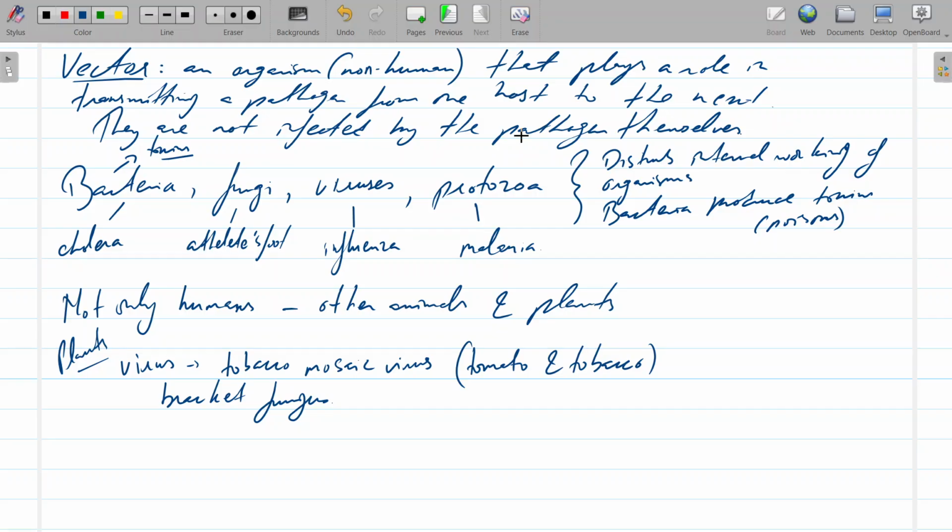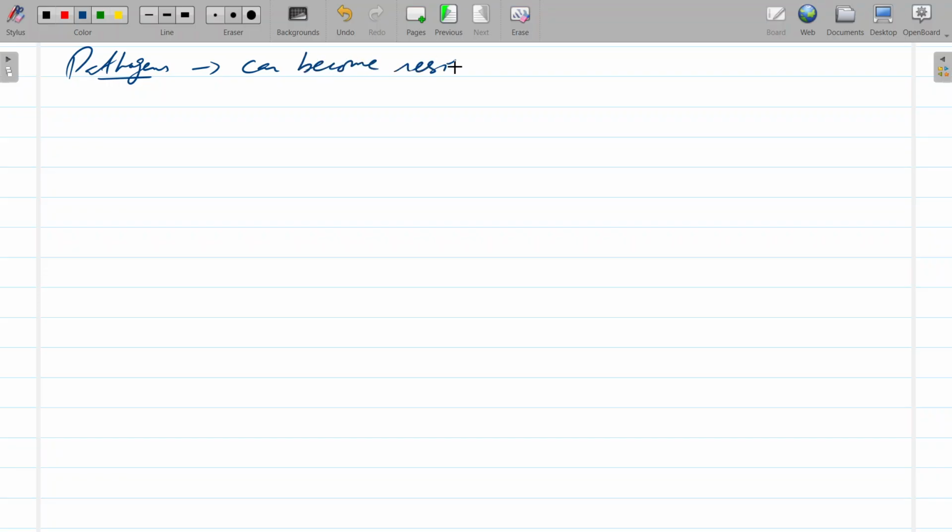And then finally, when you go on to treat these pathogens with medication, they can become resistant to treatment, to an alarming extent. They mutate.